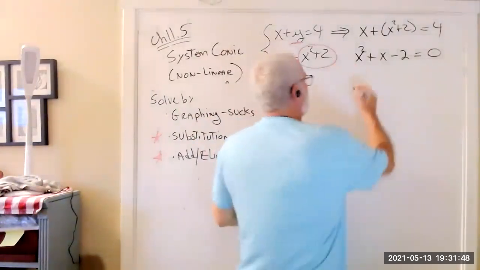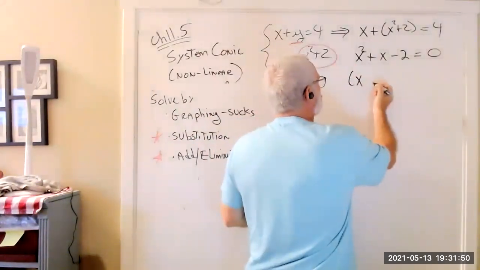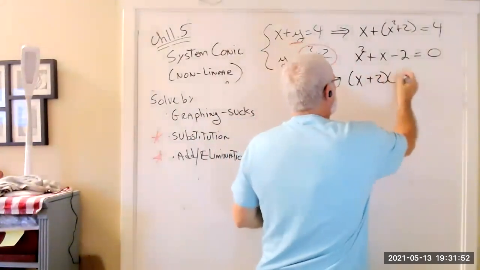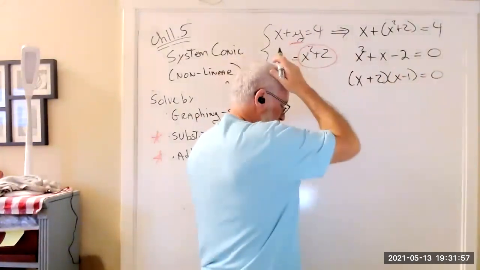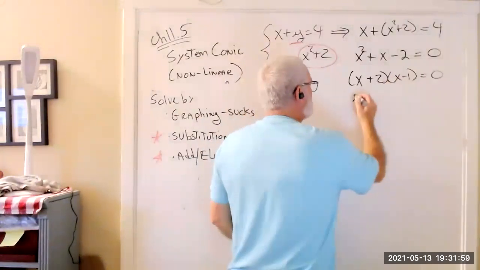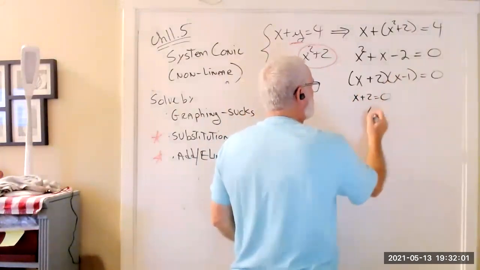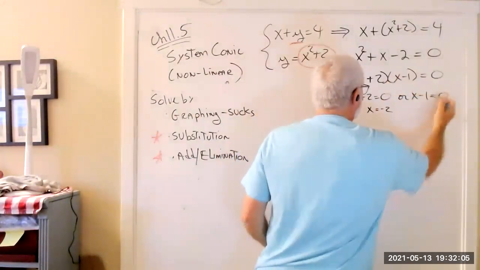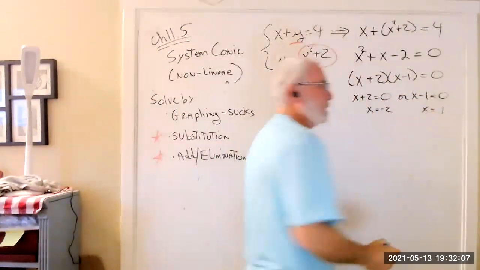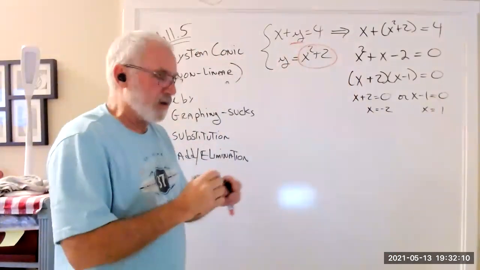So we factor this as x plus 2, x minus 1 equals 0. And so we split: x plus 2 equals 0, which means x is negative 2, or x minus 1 equals 0, which means x equals 1. Okay, now here's the catch.